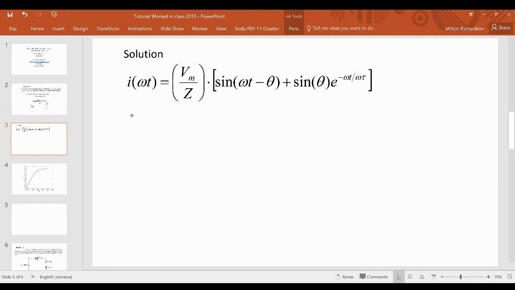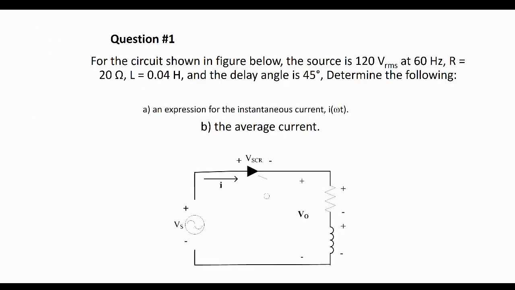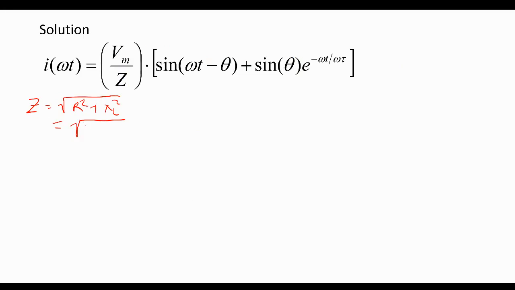So here Z is equal to the square root of R squared plus XL squared. Substitute R, which is 20, squared, plus XL, which is 2 pi times the frequency.